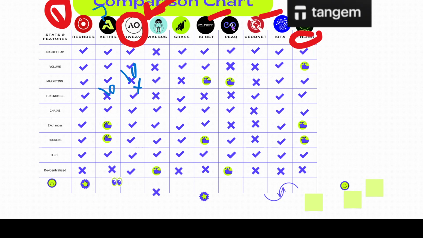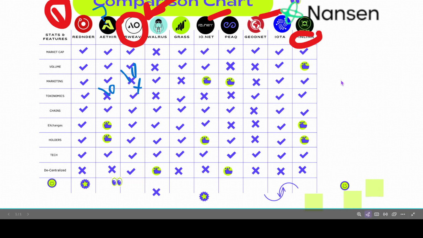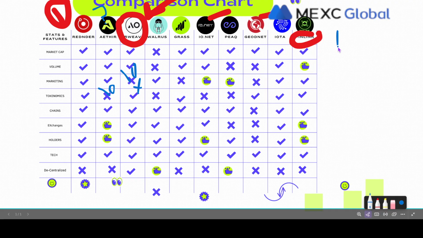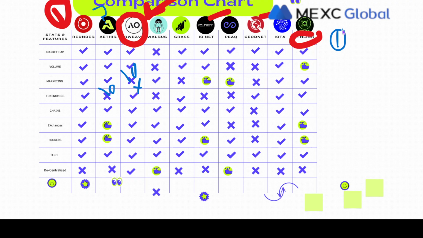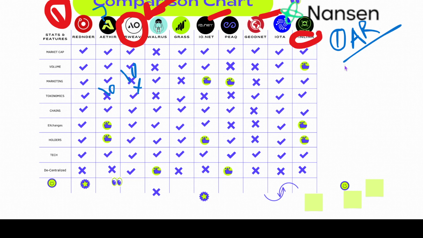I do believe that the others, like Geodnet, if you take Geodnet and PinLink aside, and we give them a fair assessment, I would probably go with a list like this. For my safety play, considering all of the things that we talked about, I would rank Arweave first, because Arweave is fully diluted.